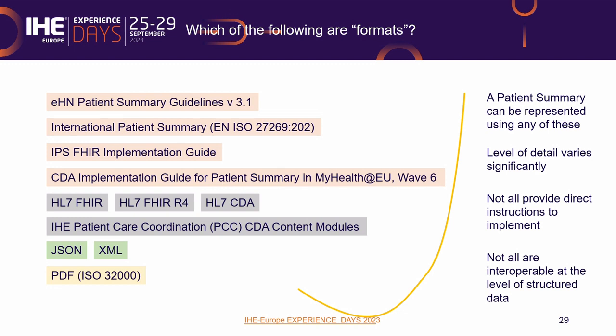However, depending on the format that you choose, we have a different level of details that you can apply. And also, not all those formats have the same level of interoperability. So depending on the format that you choose here, they don't have much interoperability, and you need to change a little bit about what you intend.